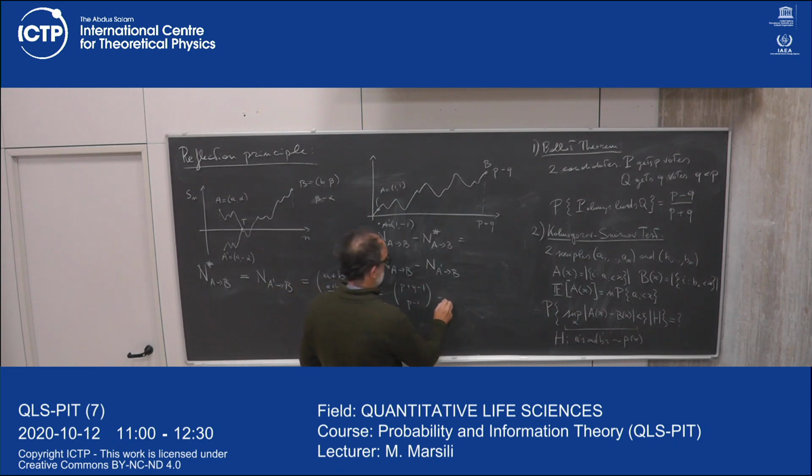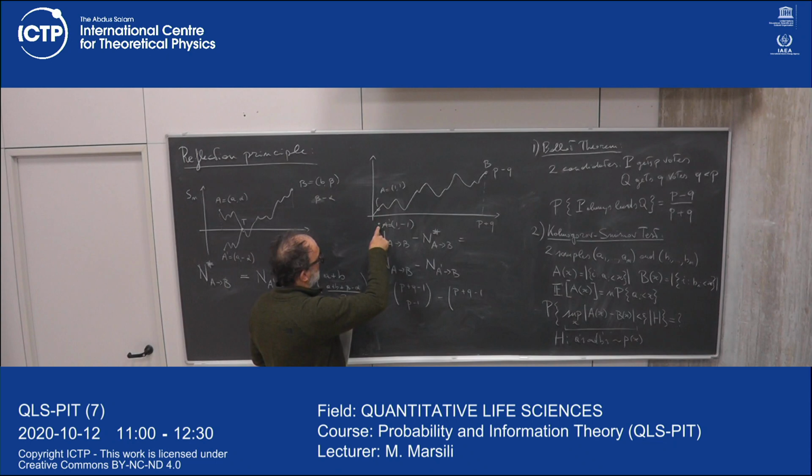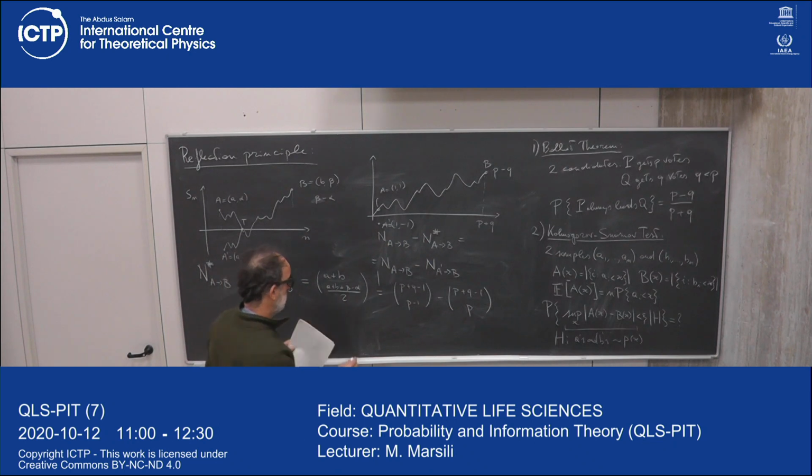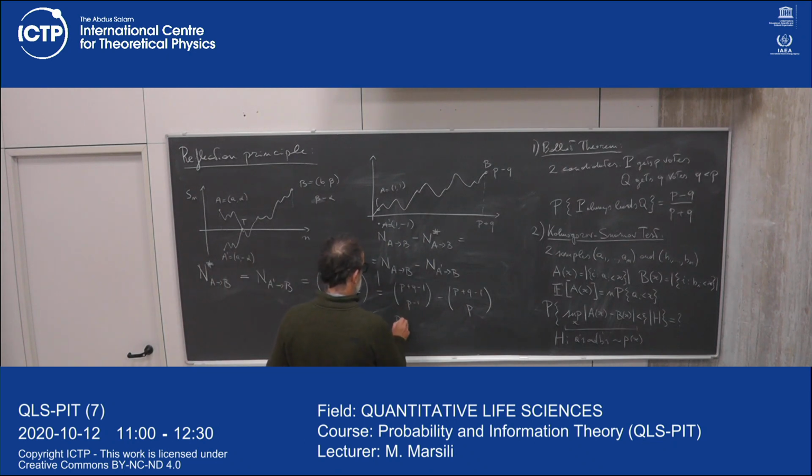And for the other one, if you do the calculation properly, it is P plus Q minus 1, but now I've removed one step down, so this is choose P. Now you can express this as (P plus Q minus 1) factorial over (P minus 1) factorial Q factorial, minus (P plus Q minus 1) factorial over P factorial times (Q minus 1) factorial.